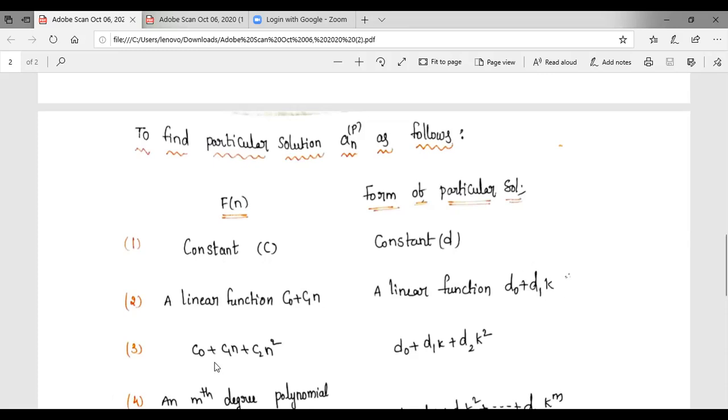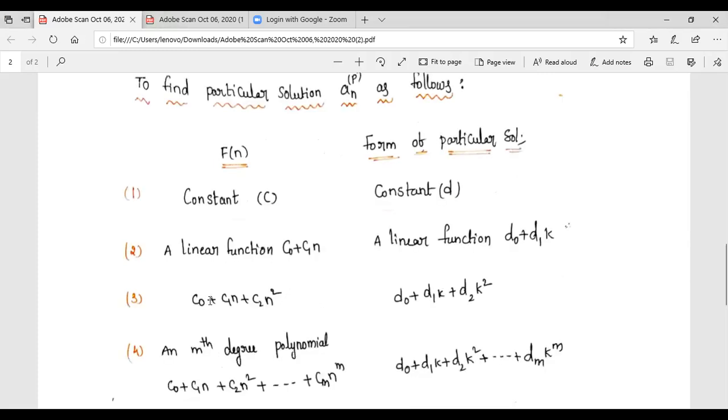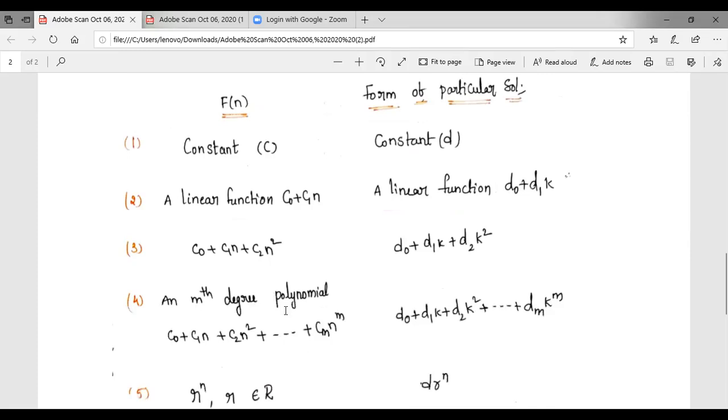If the RHS term is of the form C0 + C1 n + C2 n squared, then the particular solution is D0 + D1 n + D2 n squared, and so on. If it is an m-th degree polynomial, then the particular solution is also D0 + D1 n + D2 n squared + and so on + Dm n to the power m.